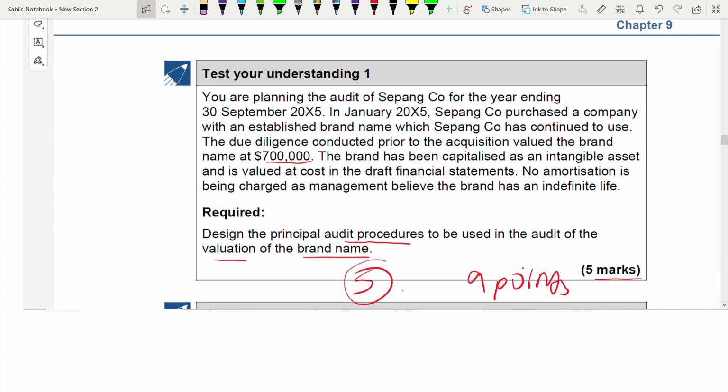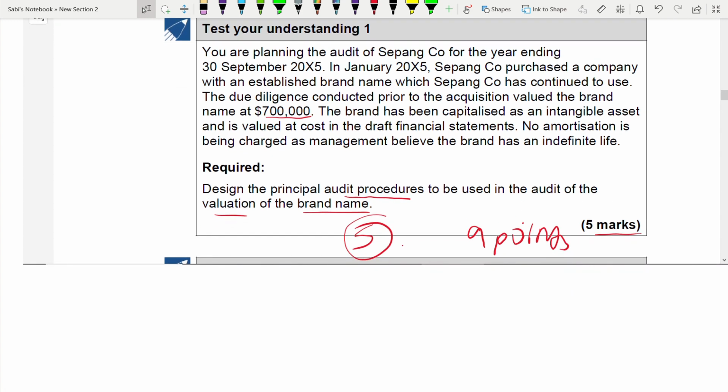And in audit procedures, the good thing is there is no order. You can write the audit procedures in any order. It should not be that you have to first test this assertion or that assertion. Nothing like that. You can test anything first in any order.